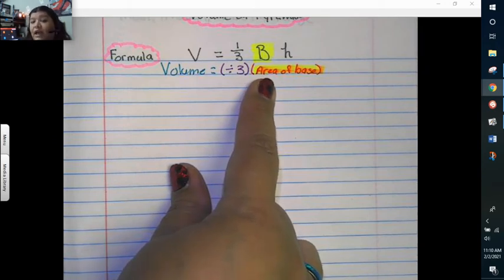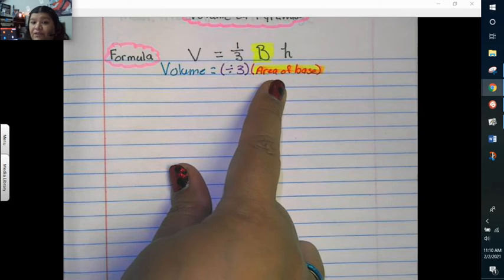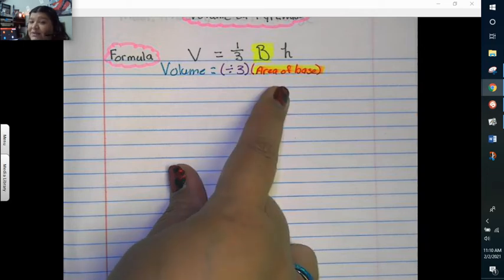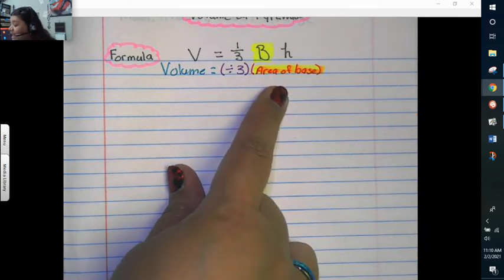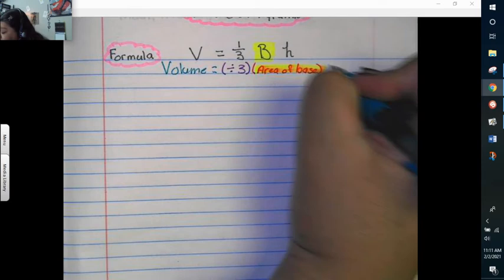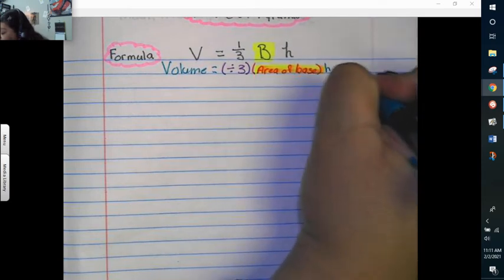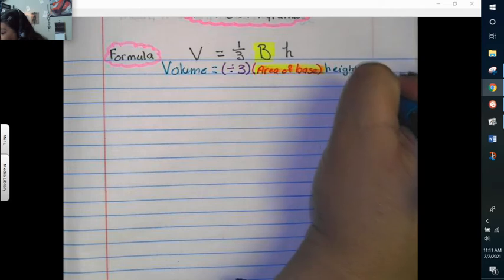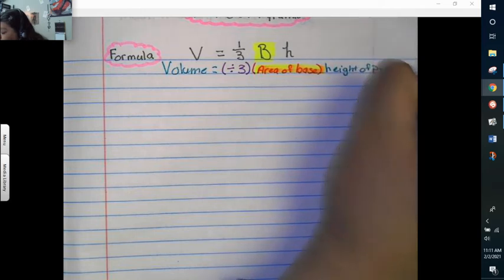But if it says triangular pyramid, that means the base is a triangle, and you're going to have to put the formula for the triangle right here, which is 1/2 base times height. That's why I said it gets fun when you get the triangular pyramids. And then h still represents the height of the pyramid. So height of pyramid. Okay?